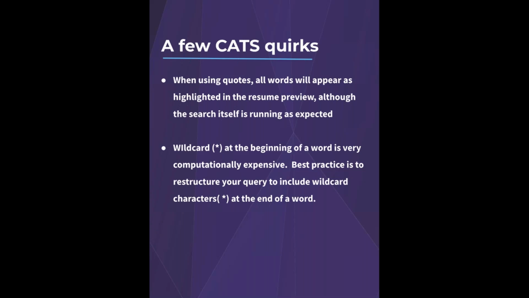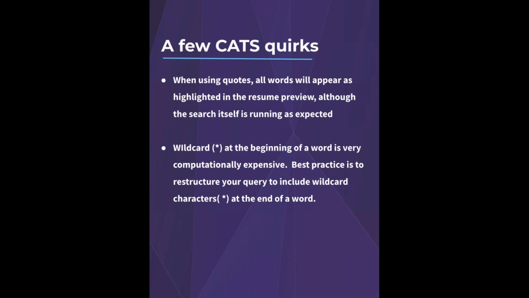If I put an asterisk first and then type in a few characters, it's going to have to consider everything that's in the database to start with, and then narrow it down from there.